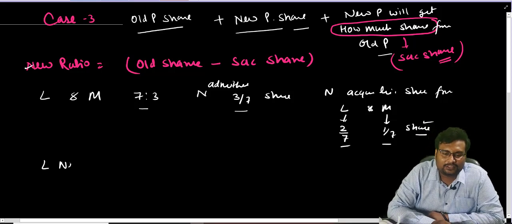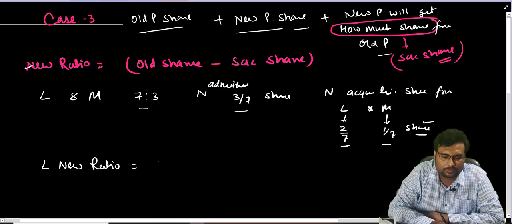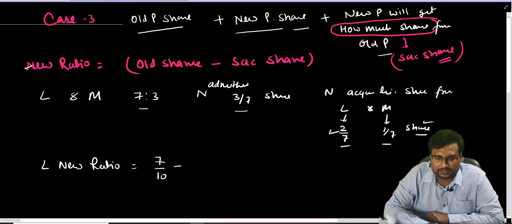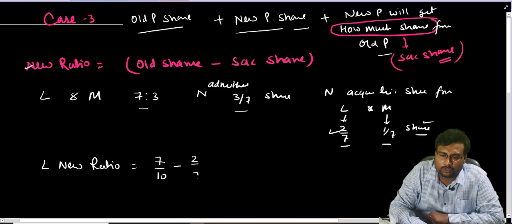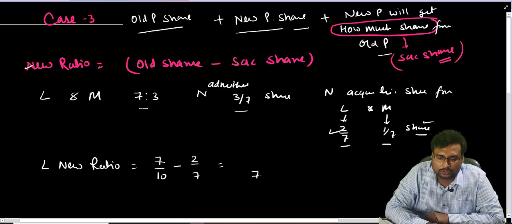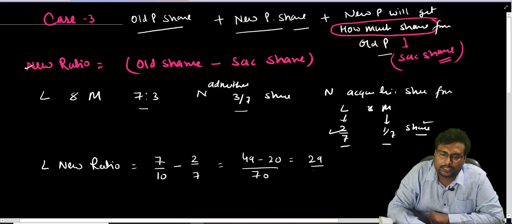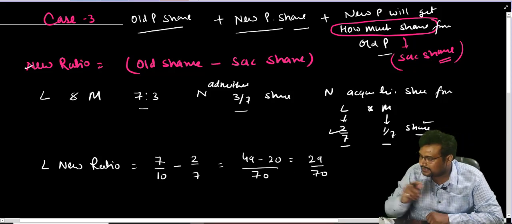L's new ratio will be, L's old share is 7/10 minus L's sacrifice, how much? 2/7. So 10 and 7, LCM 70, 7 times 7 is 49, 2 times 10 is 20. So it will be 29/70.